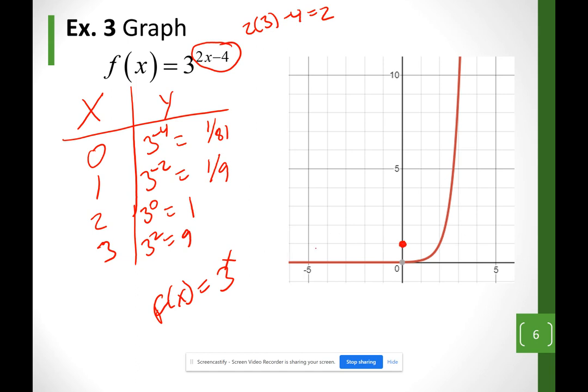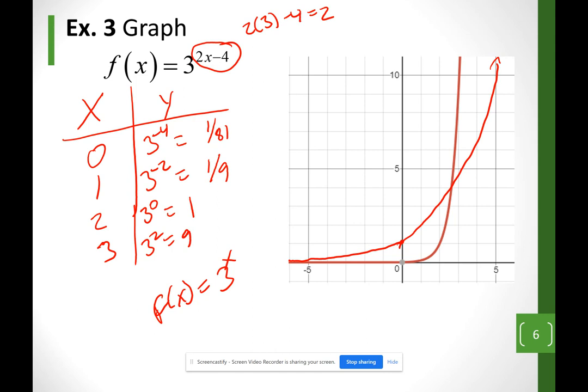Let me do this in red. You would be expecting something like that, the 3 to the x.